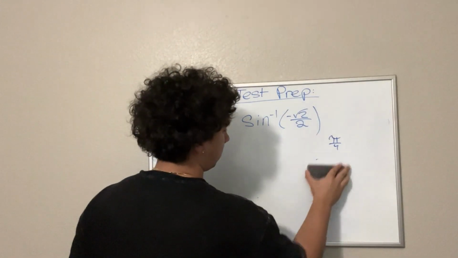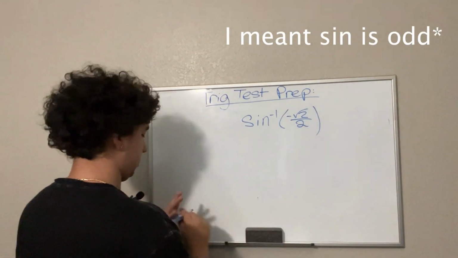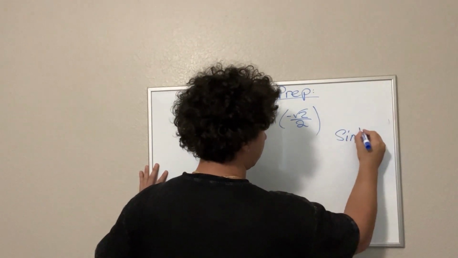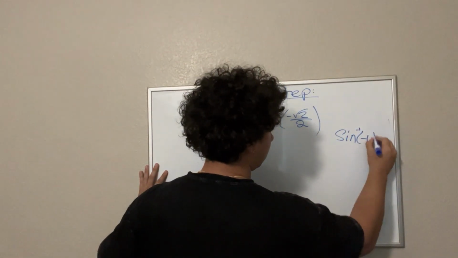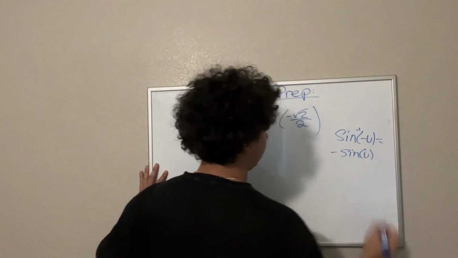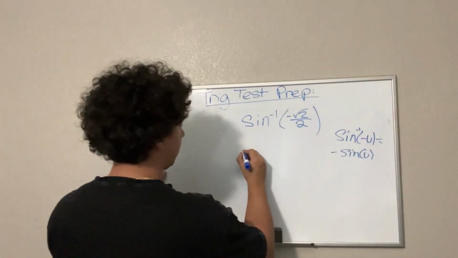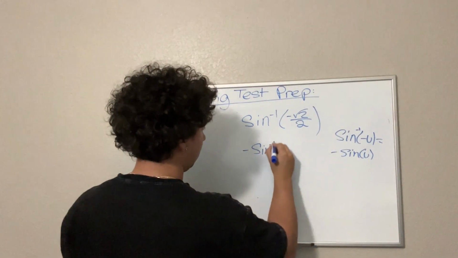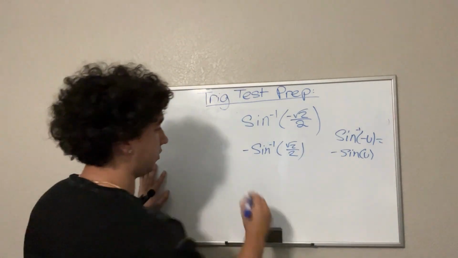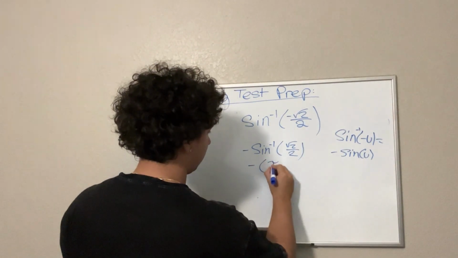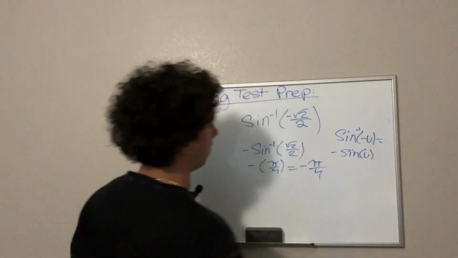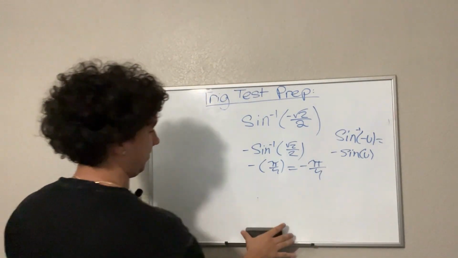Well, remember, sine of negative u, this still applies with the inverse, is equal to negative sine of u. So in other words, I'm going to do that here. Negative sine inverse of root 2 over 2. Well, root 2 over 2 is just like we said, equal to pi over 4. In other words, this is equal to negative pi over 4. And that's how you solve that one.